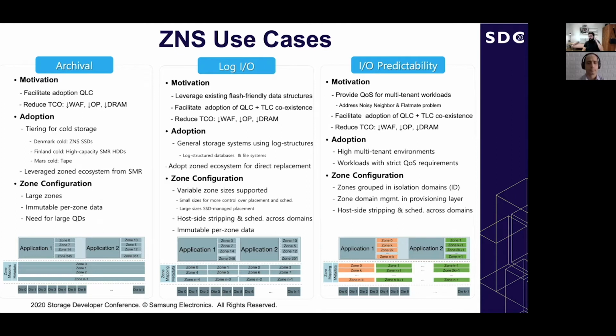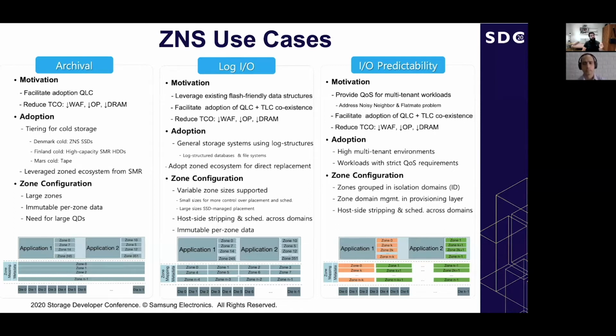Another use case that we're starting to see, which is very interesting, is what we are calling log IO. And it has a lot of similarities with the archival use case. It is also about facilitating QLC adoption with probably TLC coexistence. It also tries to leverage these existing flash-friendly data structures, log structure, still reducing the TCO.